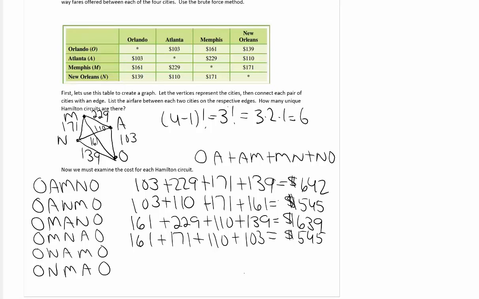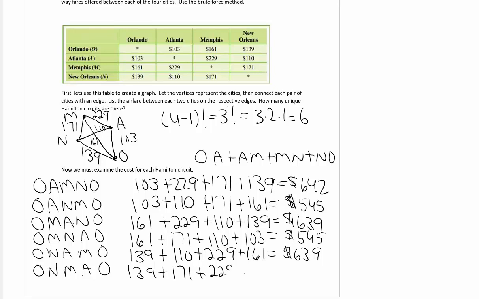So then the next one's going to be what? 139 plus 110 plus 229 plus 161. Adding those up is 639. And the last one is 139 plus 171 plus 229 plus 103, which is $642.